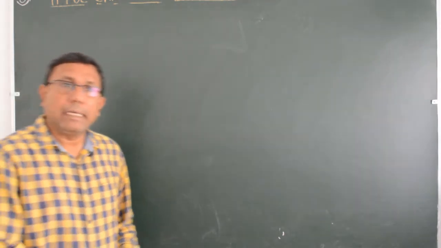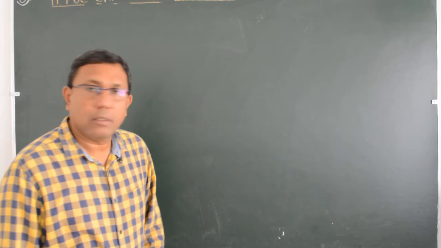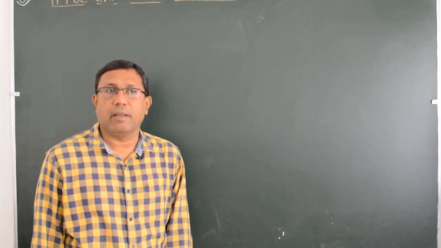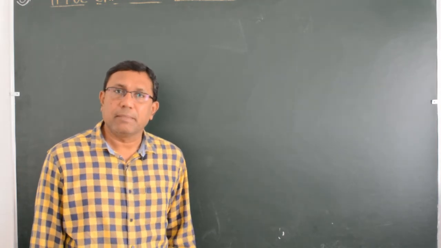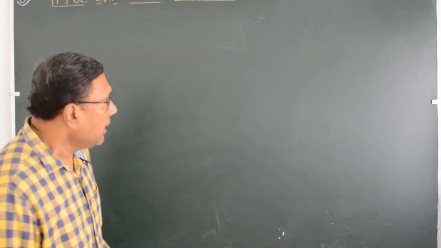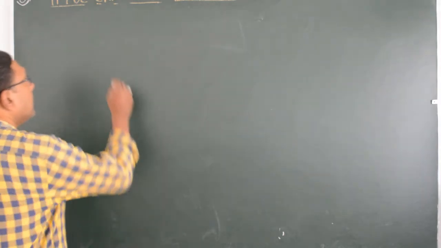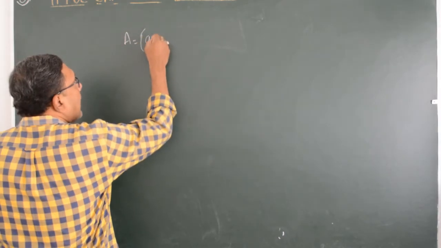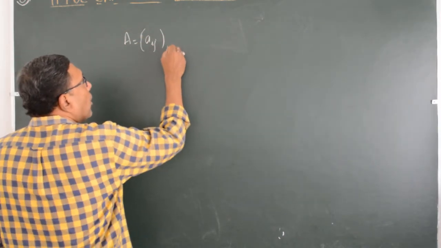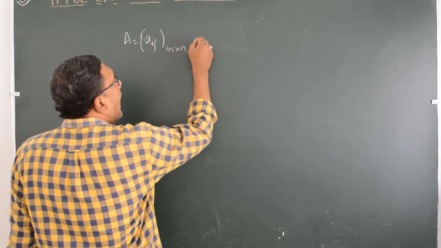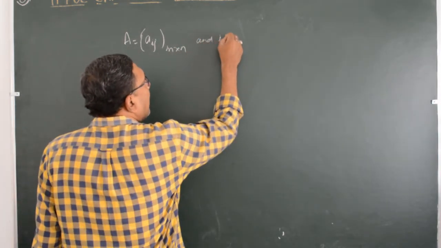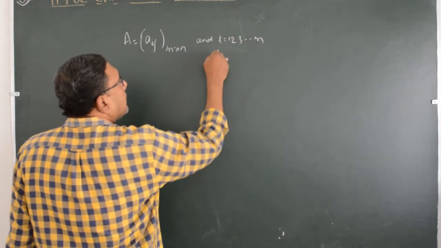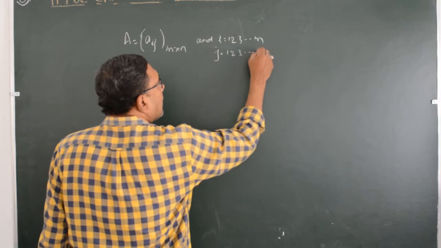Now, in this class, we are going to study the transpose of a matrix, the symmetric nature of a matrix, as well as the skew symmetric nature of a matrix. Let us understand, we all know that we define a matrix A, which has elements a_ij of order m cross n, with i taking values 1, 2, 3 up to m, and j taking values 1, 2, 3 up to n.